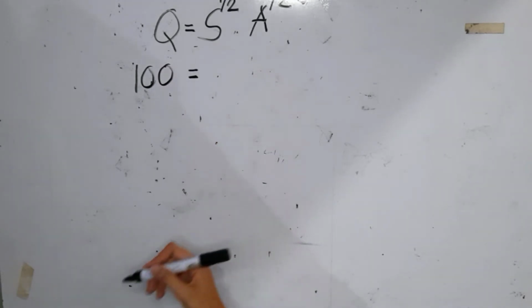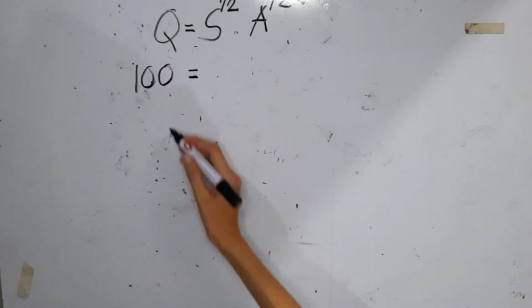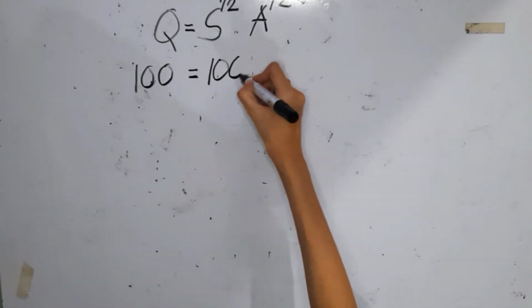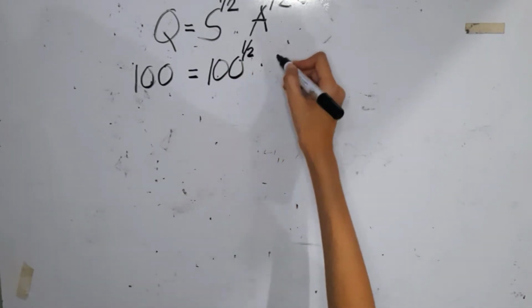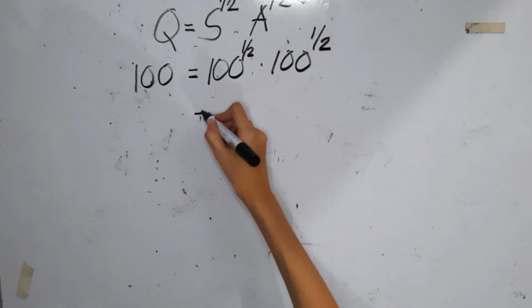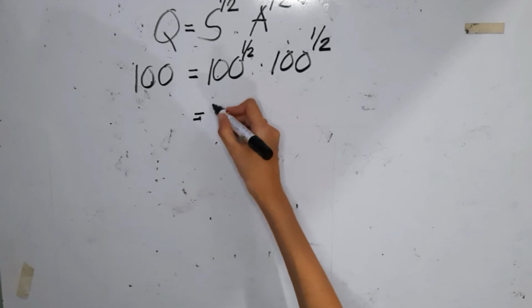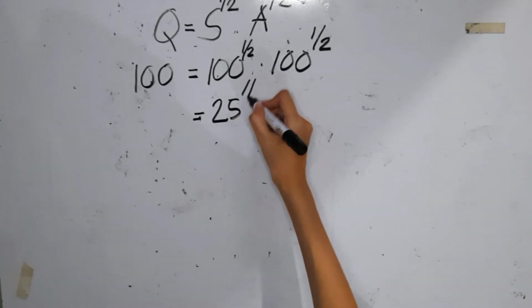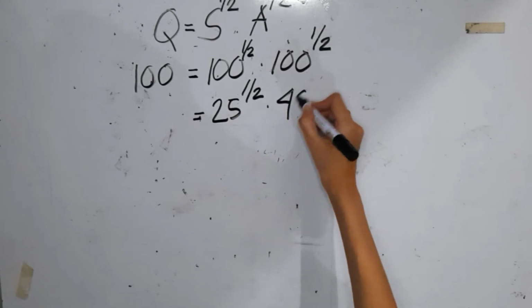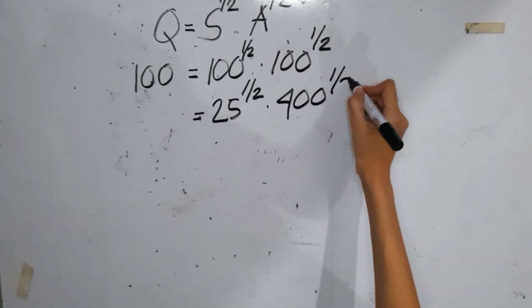Now, there are various combinations that will form 100 units. You can have 100 pounds of steel and 100 pounds of aluminum. It can be that you have 25 pounds of steel and 400 pounds of aluminum.